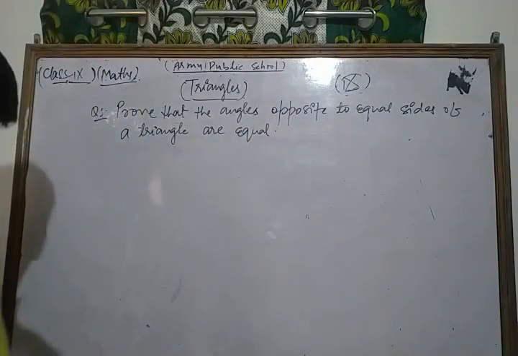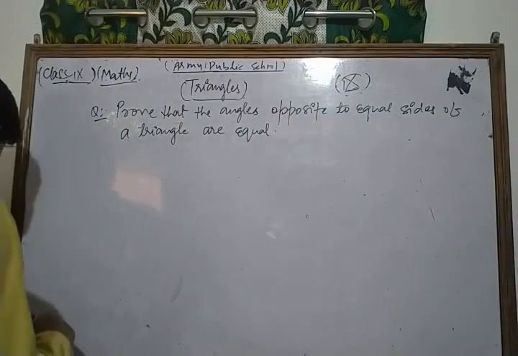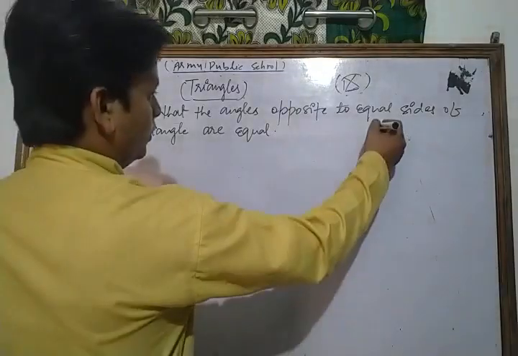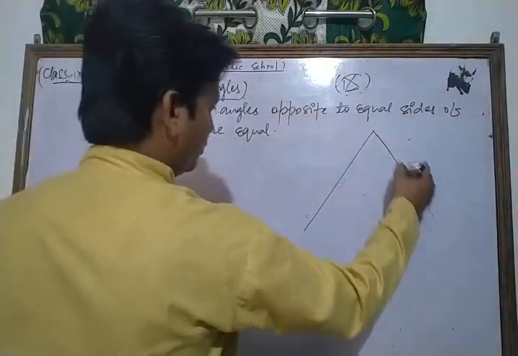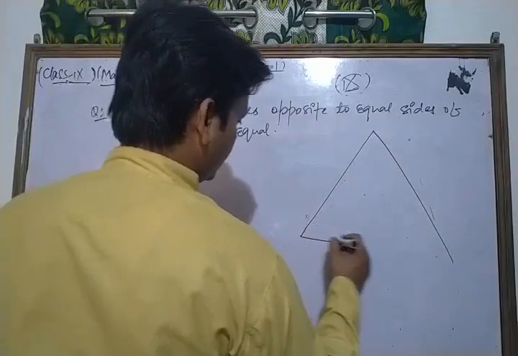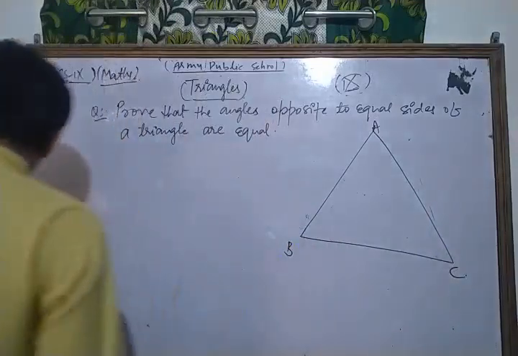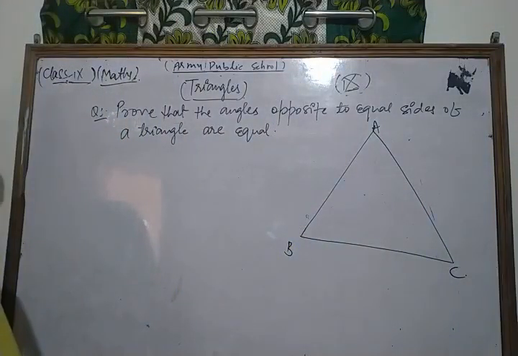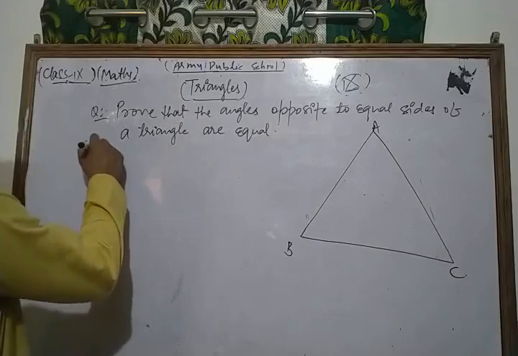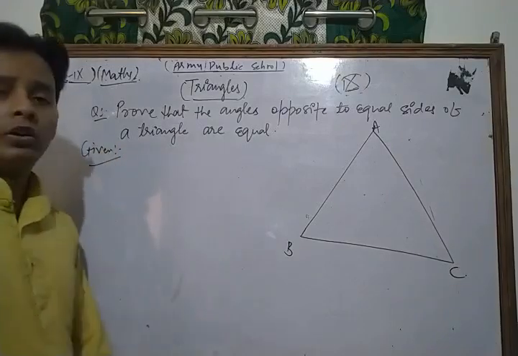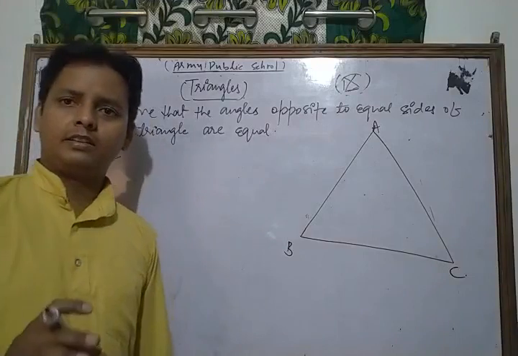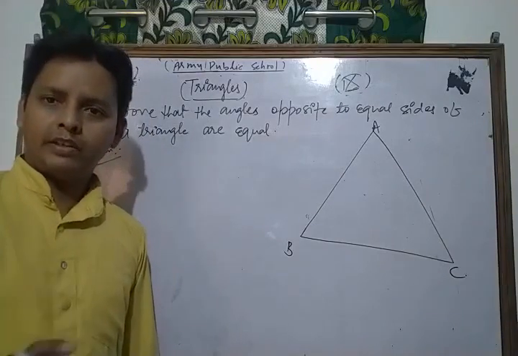So first of all, we form a triangle. Let's see its proof. We draw a triangle ABC. First of all, we write the given. In proving any result or theorem, first of all we write the given.